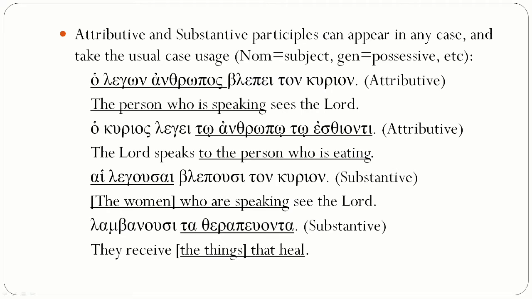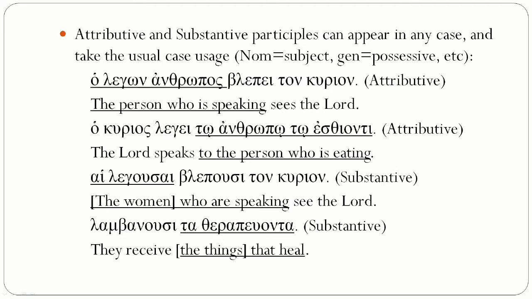They receive the things that heal. This way I've translated this as an accusative. You see it is neuter plural, so you can put in the things. And then therapiuanta, from therapeuo, the healing. So they receive the things that heal, or that are healing.